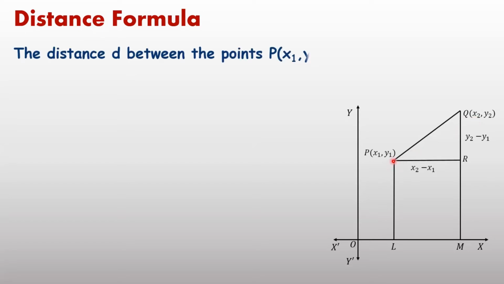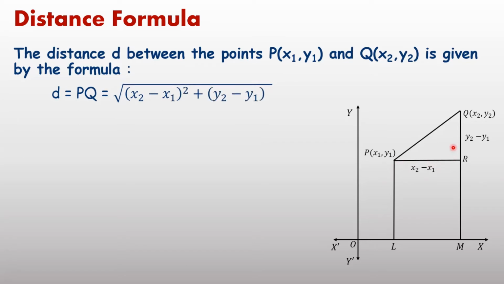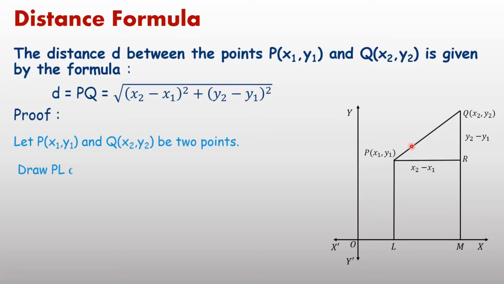Then from point P and Q, draw perpendicular on x-axis, that is PL and QM. And also from point P, draw perpendicular on QM, that is PR is the perpendicular on QM. Then distance formula which we have to derive here, the distance between P and Q is under root (x2 minus x1) whole square plus (y2 minus y1) whole square.